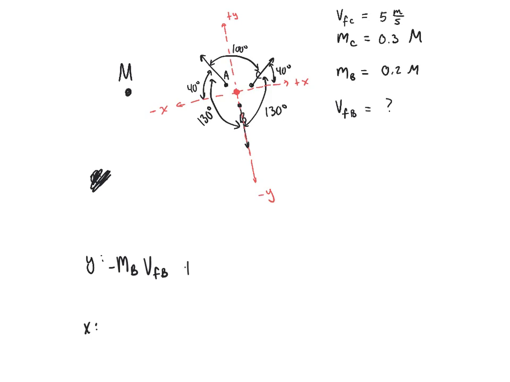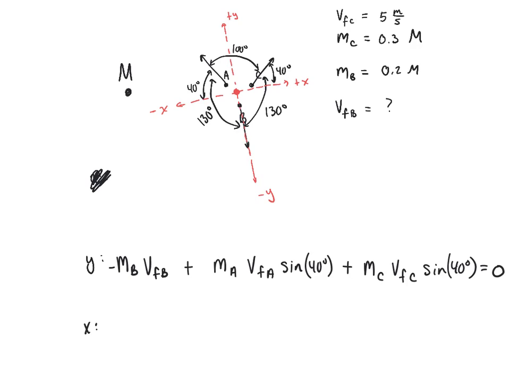Then I've got plus the mass of object A times the velocity of object A, but we want its y component, so multiply by the sine of 40 degrees. And then the mass of object C at the end, the velocity of object C afterward times its y component, which is sine 40 also. And that equals 0.